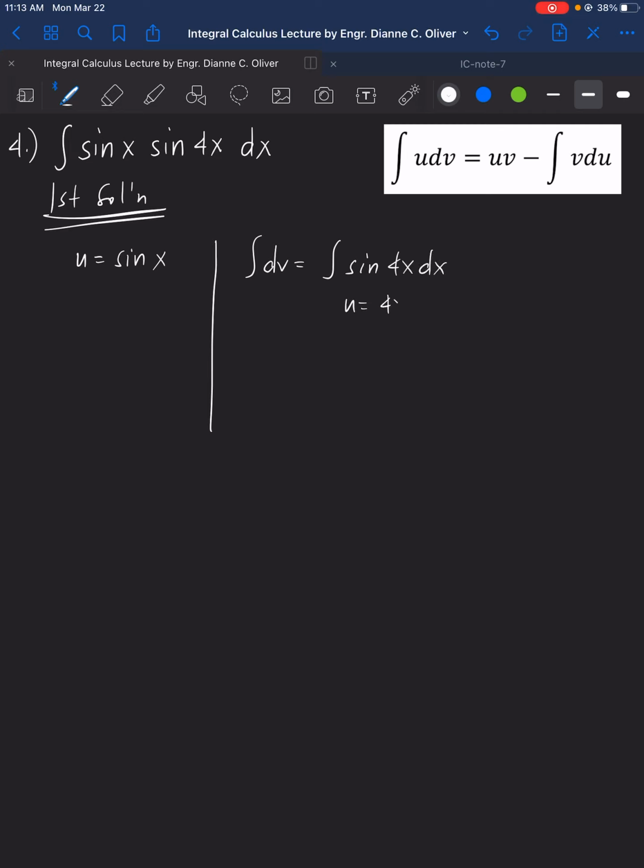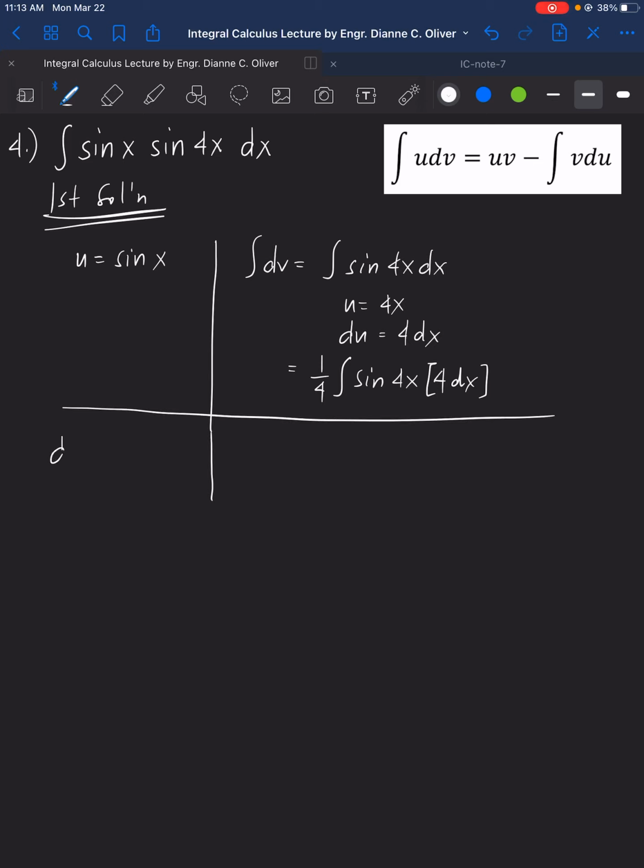Let u is equal to 4x, du is equal to 4 dx, so it is integral of sine 4x times 4 dx. Compensate with 1/4. Then we have here du, the derivative of sine x is cosine x dx. Then for the integral of dv, we have here 1/4 integral of sine 4x is negative cosine 4x plus c.